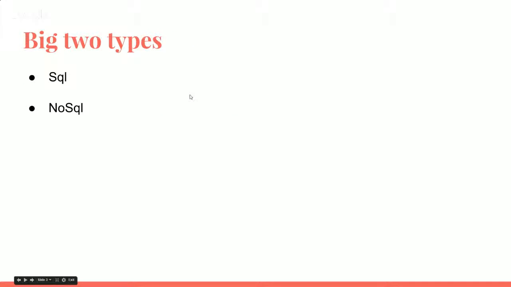How many types of database are there, and why is it important to us? There are two big types of database. They are SQL and NoSQL. SQL statements are used to perform tasks such as updating data on a database or retrieving data from a database.